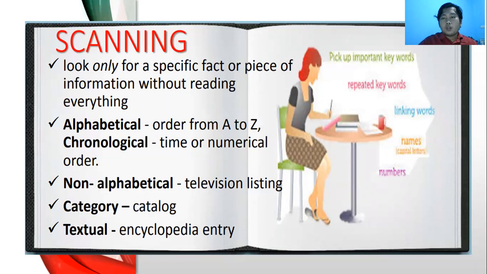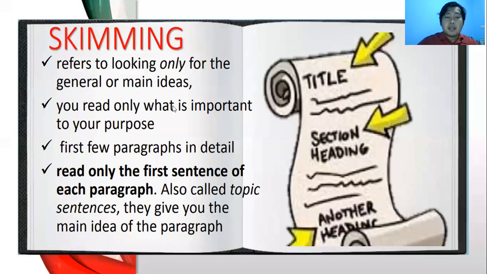And then, the repeated words or the names, the dates, the numbers, and the important keywords. In skimming, there are what we call topic sentences, which is the first sentence in the paragraph.